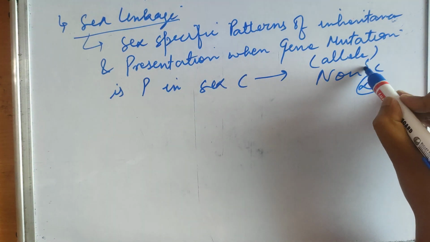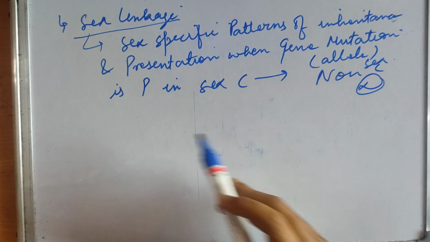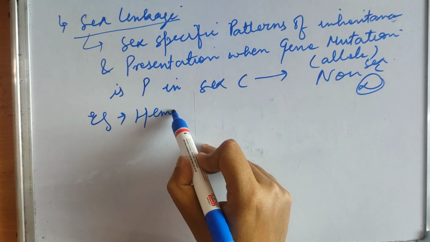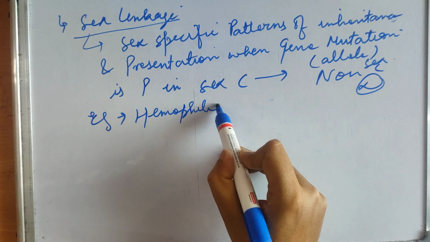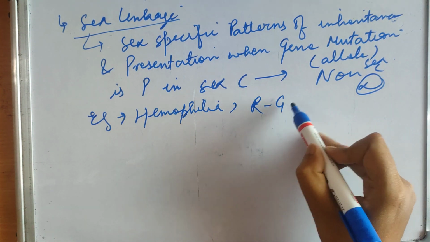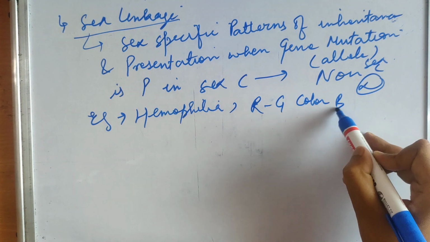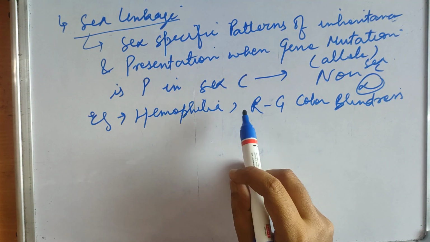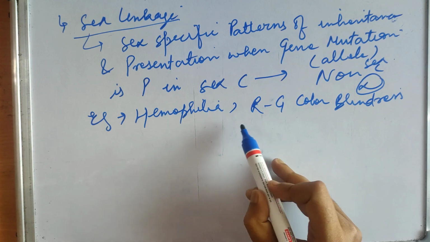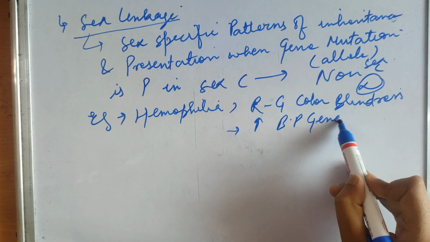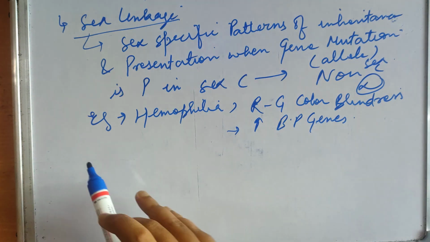It's not present on a non-sex chromosome, it's present on a sex chromosome. Examples are hemophilia, red green color blindness, and some high blood pressure genes, often seen in some males. So this was about sex linkage.